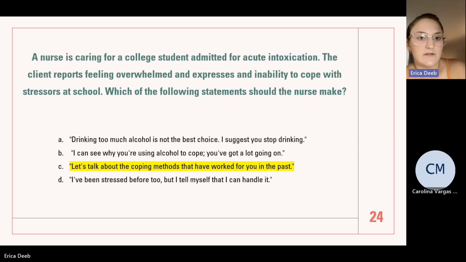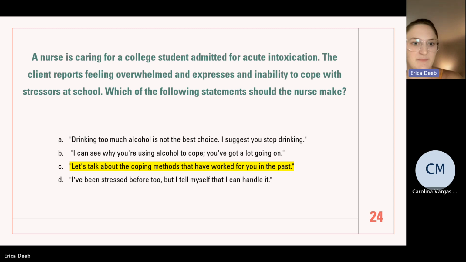So, drinking too much alcohol is never the best choice. I suggest you stop drinking. No, that's not a good one, because it's a little bit opinionated. A, I can see why you're using alcohol to cope. You've got a lot going on. That's validating that he's using alcohol, so that's absolutely not the right answer.